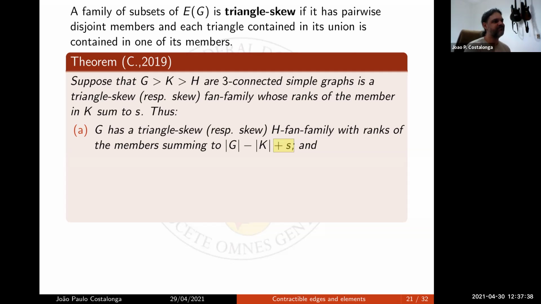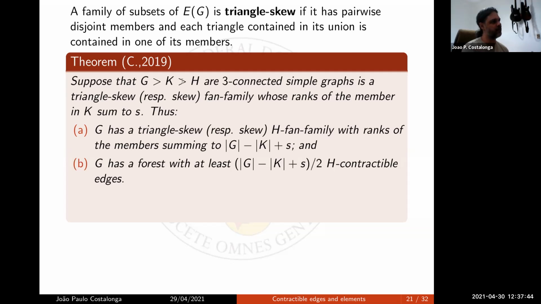So the previous theorems are the case when K equals H, which in this case wouldn't be a proper minor, but it works like this. It could be equal here. It also works.